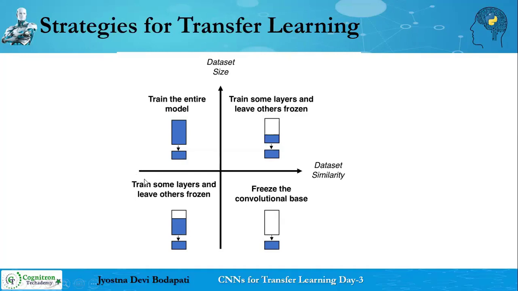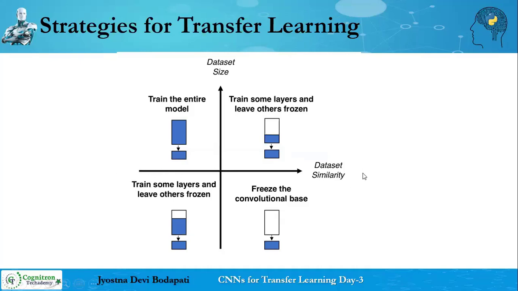Data similarity means, say you have a dataset and your task is something like leaf disease prediction. Is there any similarity between your leaf disease prediction dataset and the ImageNet dataset? ImageNet is basically objects, like cat, dog, elephant, something like that. So there is no similarity, right? In that case, I should consider I am at this end. So that is how you can think of it.